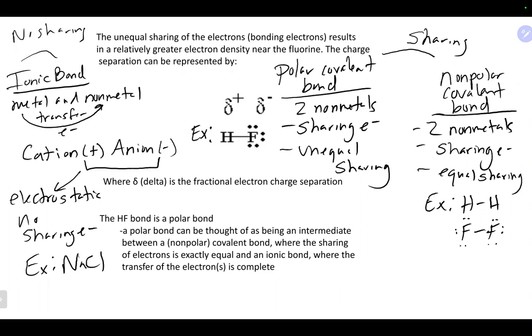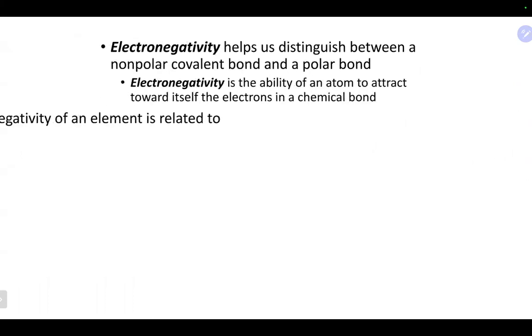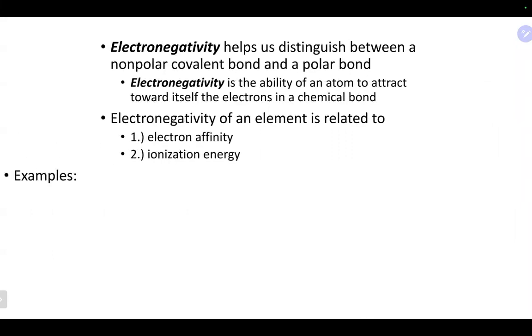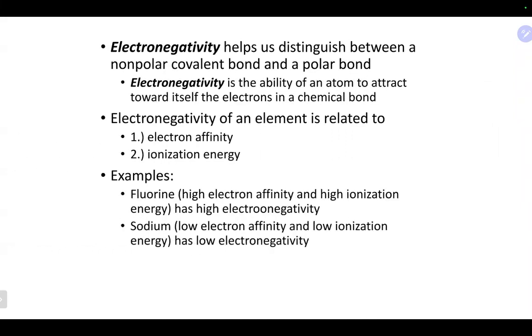Okay, so how do we know, if we put two things together, whether we will actually get equal sharing of electrons, unequal sharing of electrons, or an ionic bond? Really, one of the main things we use to help us distinguish that is electronegativity. As I mentioned before, electronegativity is the ability of an atom to bring electrons towards itself.